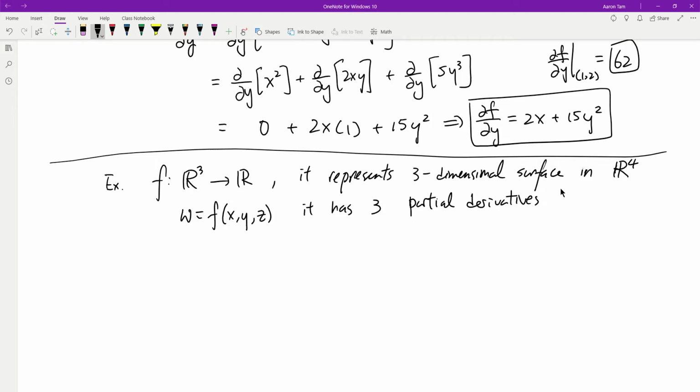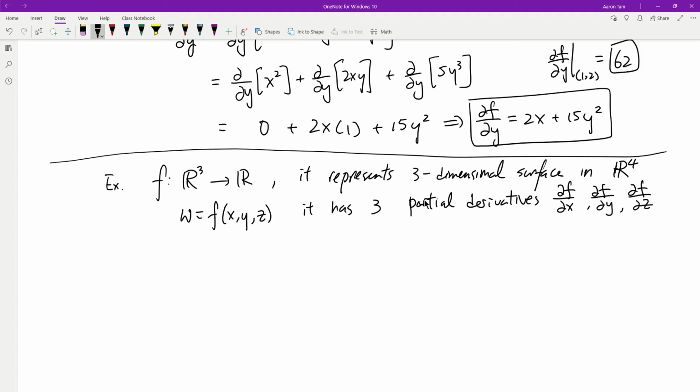In this case, the 3 partial derivatives are df over dx, df over dy, and df over dz. And remember, use a scripted d, because otherwise I will have to mark it incorrect. You have to indicate that the derivative is partial versus a single variable derivative. Those are different things.